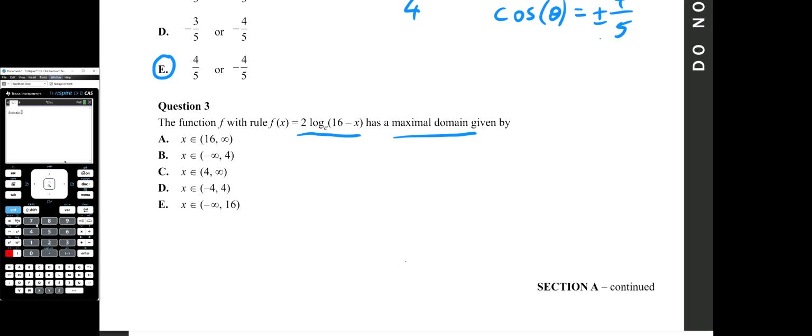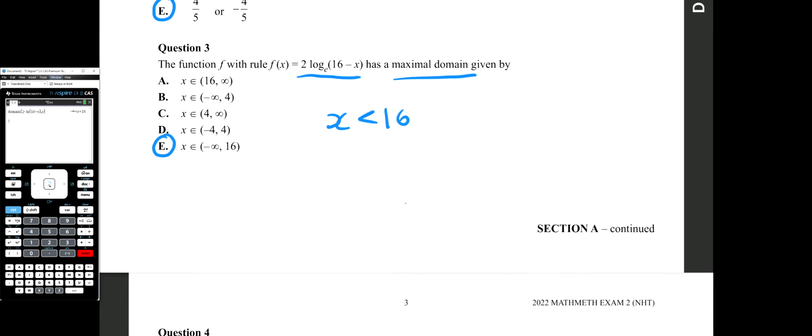It's up to you. So we're going to type 2, and instead of writing log e, I'm just going to go control e to the x and get ln, and go 16 minus x, and then comma x. Enter. So we get negative infinity to 16, not including either. So we're looking at option E. So x is basically less than 16.